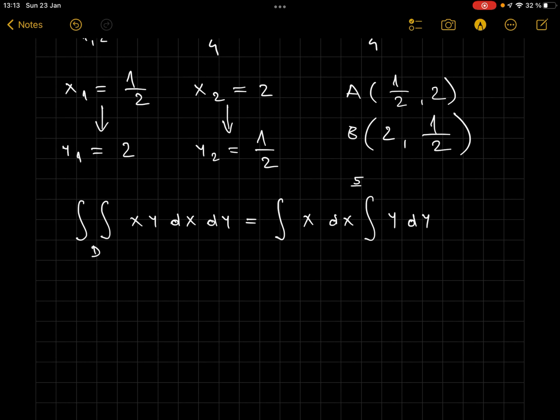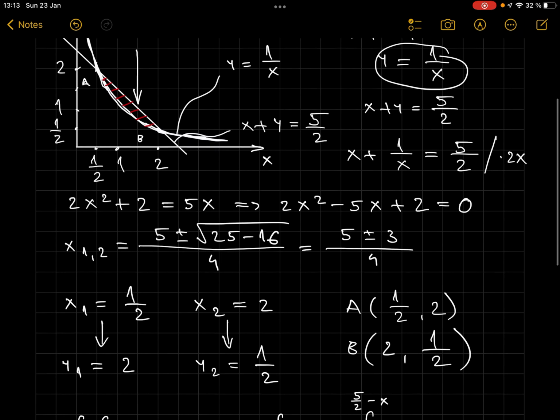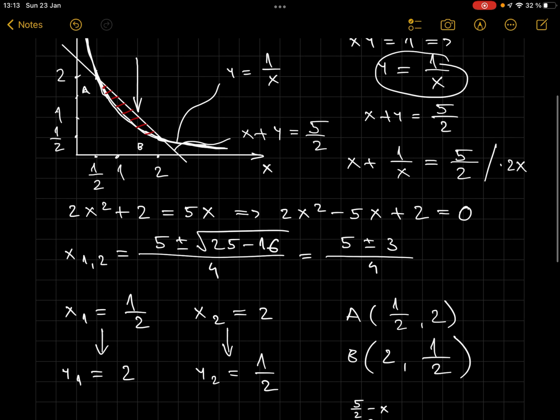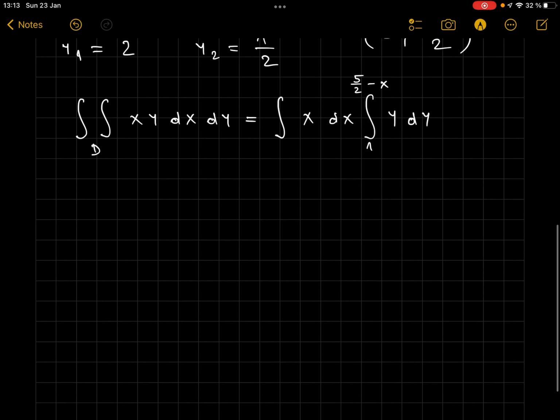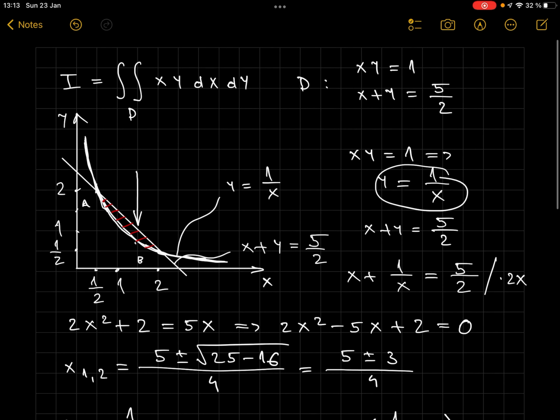So that's going to be our upper limit of integration, and our lower limit of integration will be the other function that we have here, which is simply y equals 1/x. As for the x, we can just plug in these numbers. So x goes from 1/2 to 2.